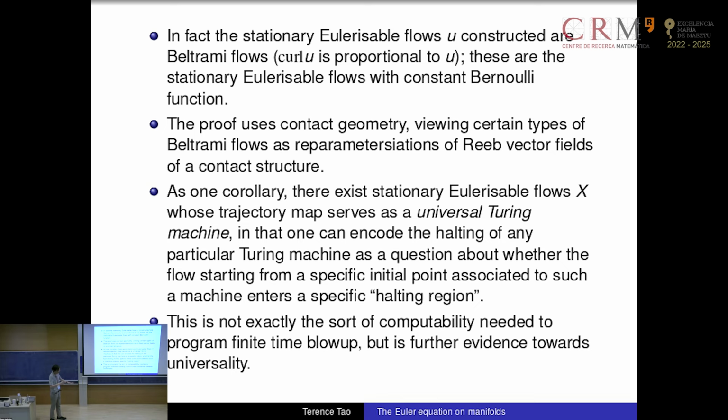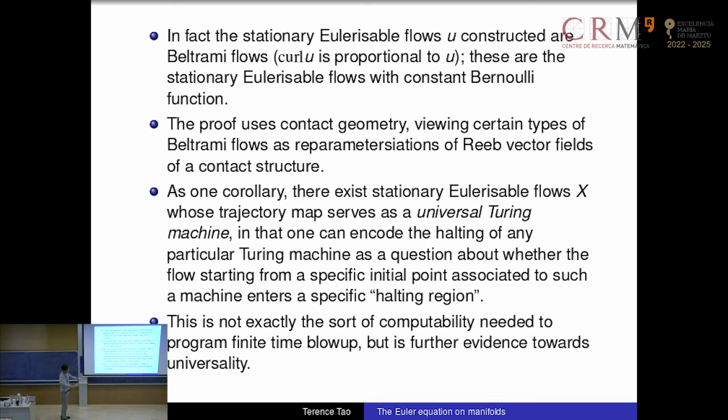that you can encode, say, a string of zeros and ones. You can ask, if you follow the flow lines, do you ever hit this halting region or not?